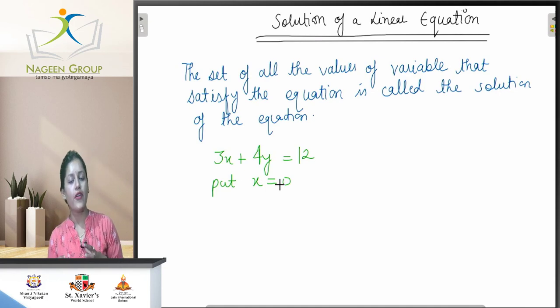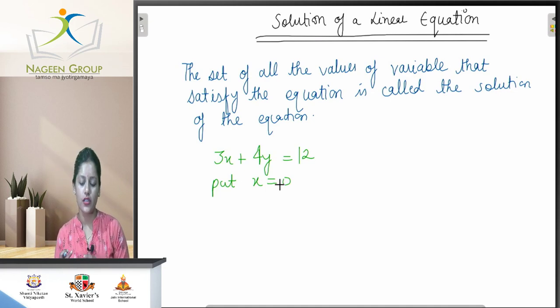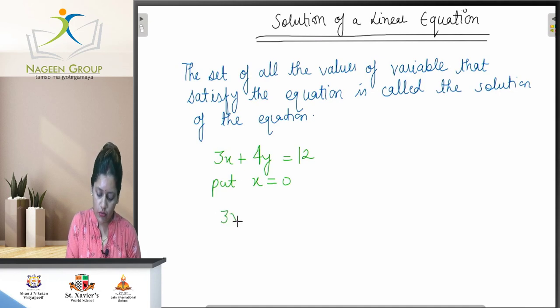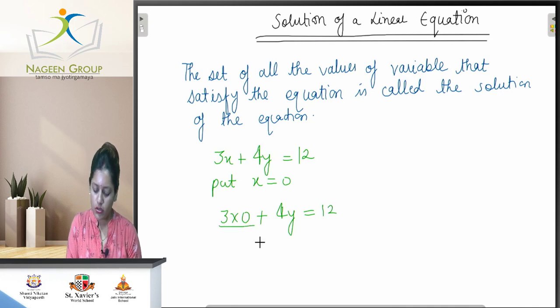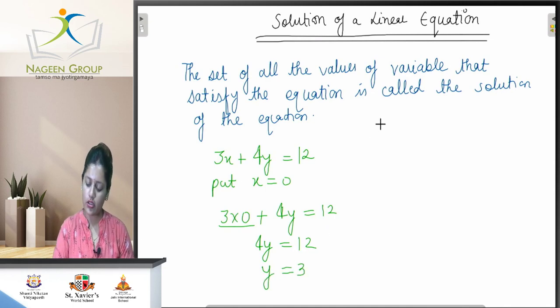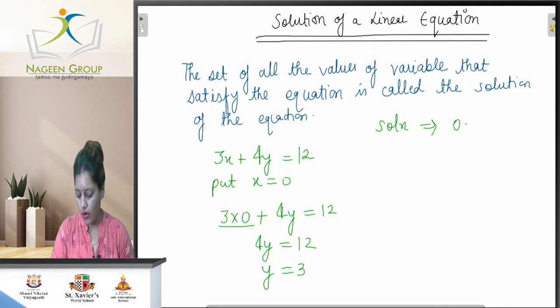Put the value of x in the equation as 0. So 3 into 0 plus 4y equals 12. This becomes 0, so 4y equals 12, so y equals 3. Here we got a solution, that is (0, 3).